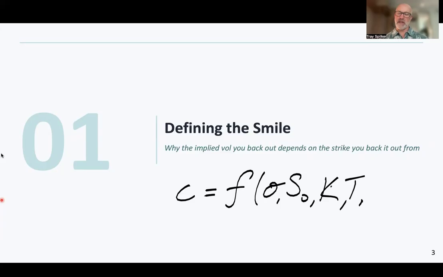If there's any dividend yield, we can incorporate that as well. And of course, interest rates, that should be an R. So these are our main inputs, we can ignore the yield for now, but these are the main input parameters that affect the value of a call or a put option, right?